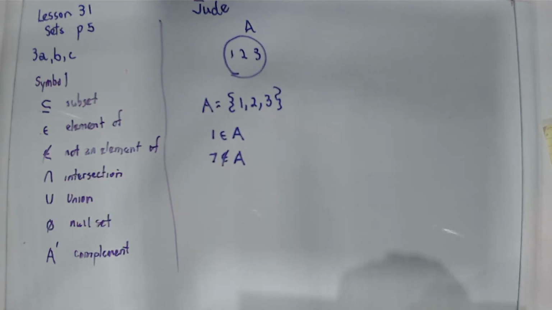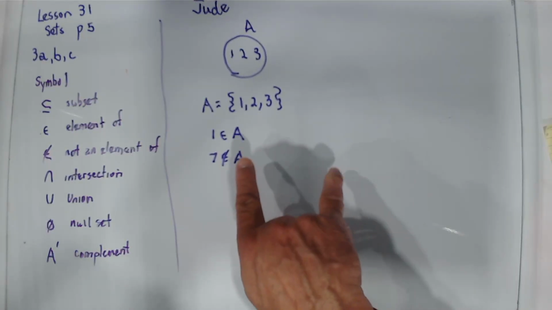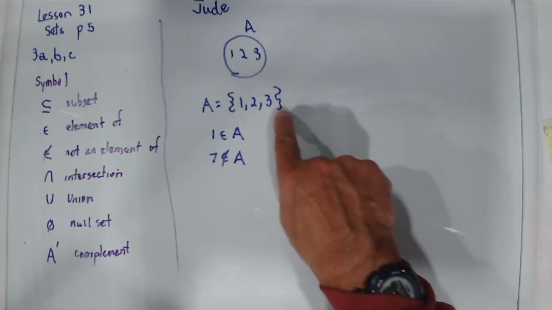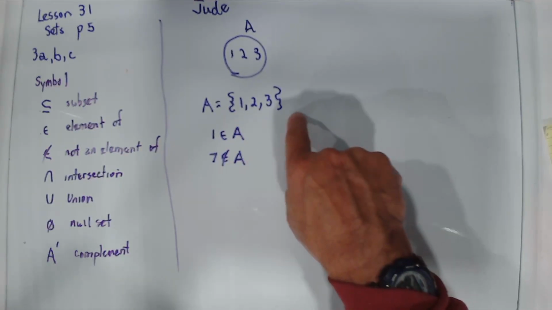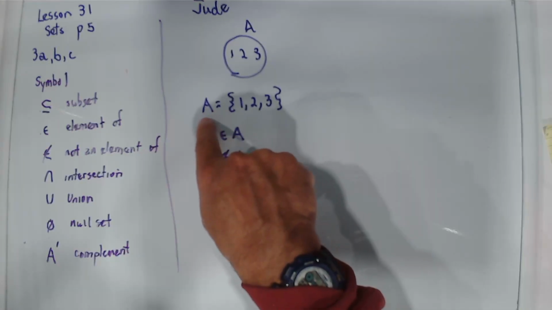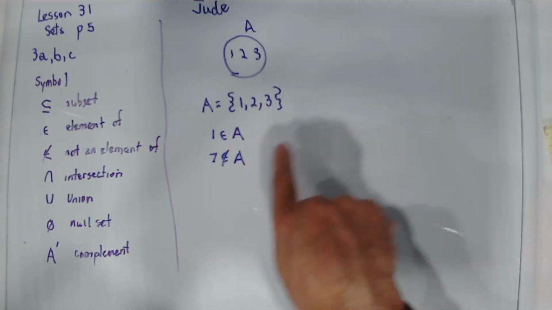So this is all what I was talking to you about, nomenclature. When you're talking about a set, you put the little braces around it, and that identifies the set, and we assign this set a name of A. So A is equal to the set of 1, 2, and 3.